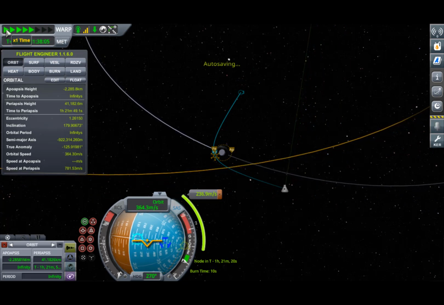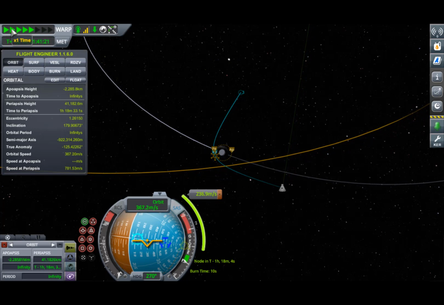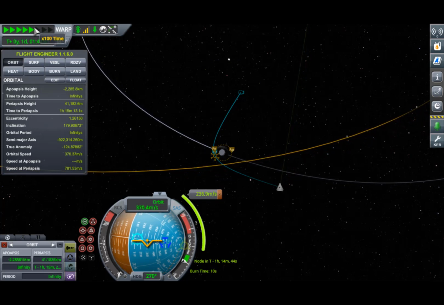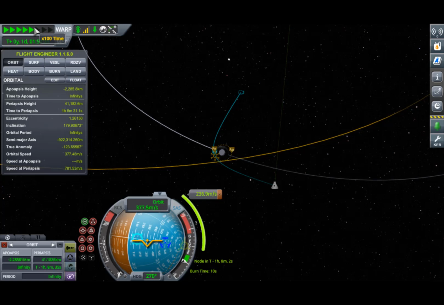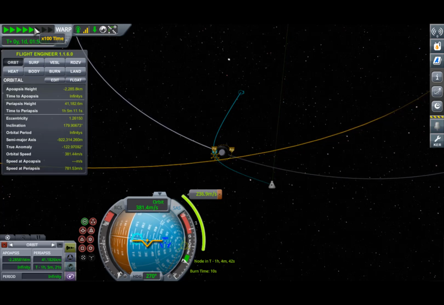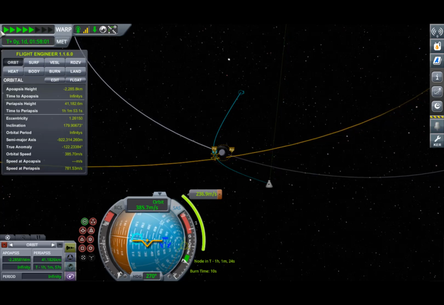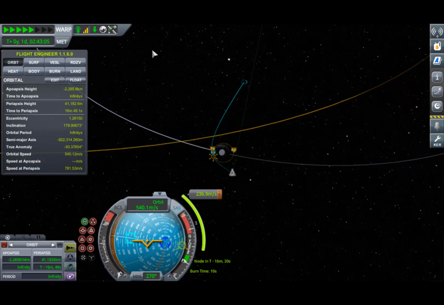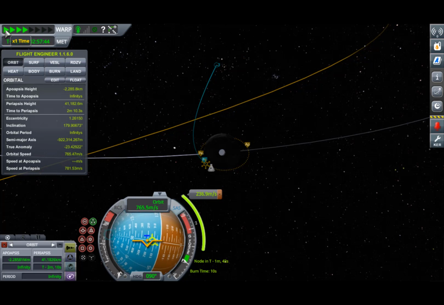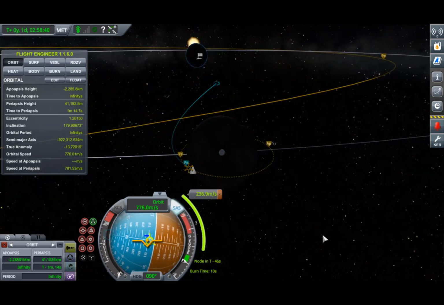We can speed up time in the game so we don't have to wait that whole entire period until we get to that maneuver node. You'll see as we approach that maneuver node, I'm going to fire the rockets retrograde. That is sort of opposite the direction we're traveling.